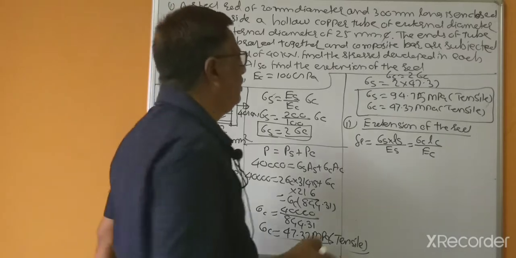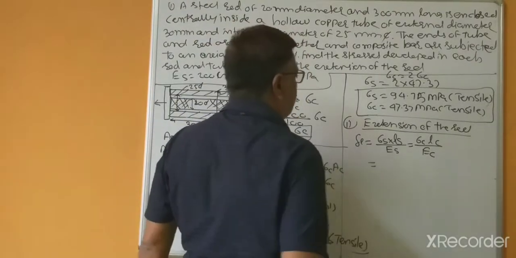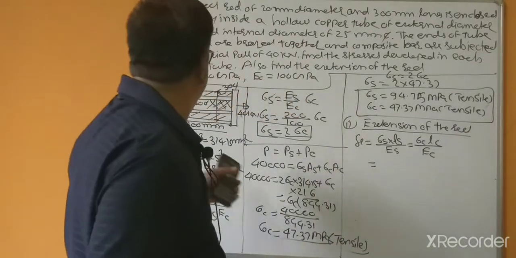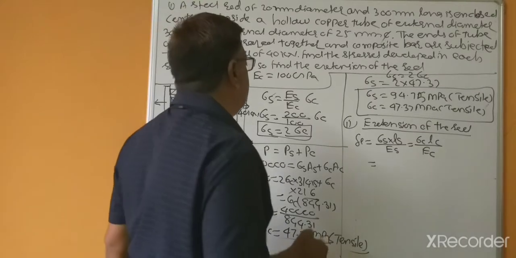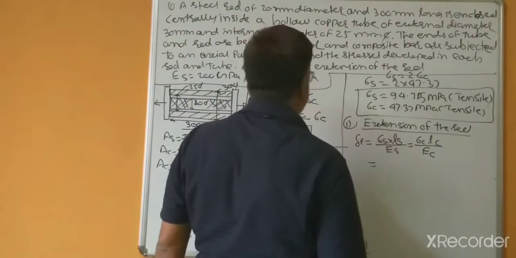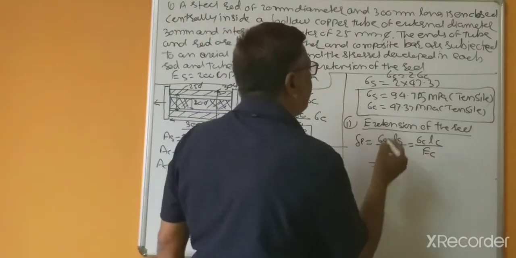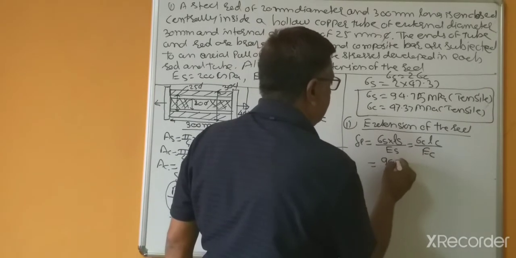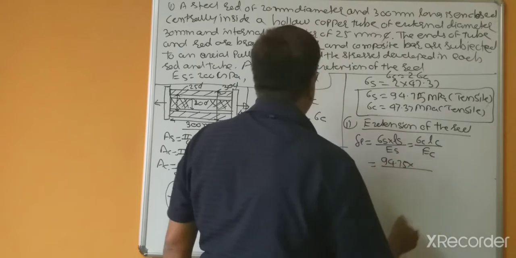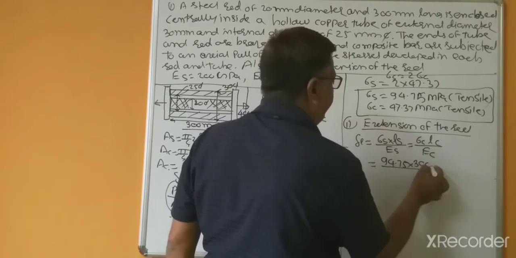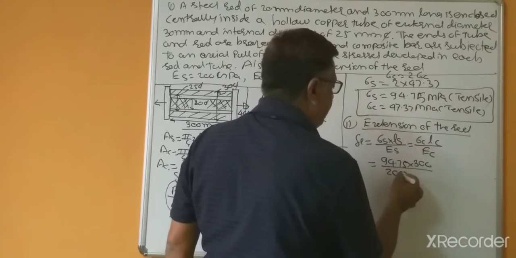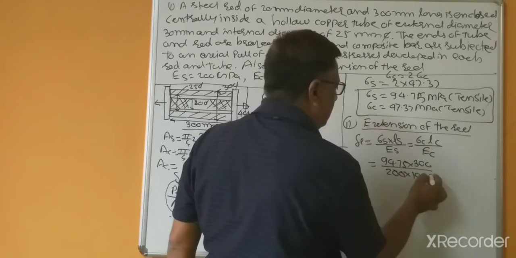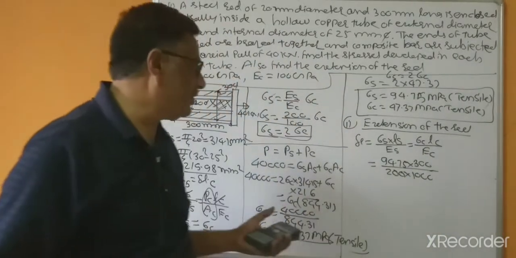Both are the same. So we can consider sigma S equal to 94.75, length equal to 300, and this is 200 gigapascals. So that's why multiplied by 1000.